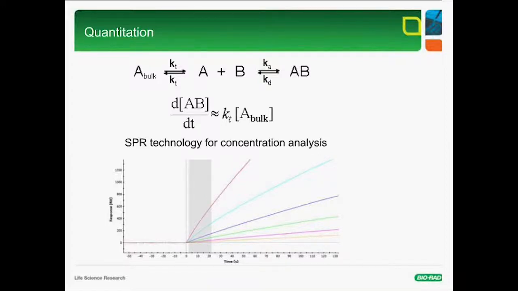And the concentration of the sample is proportional to the initial binding slope. So once you have a capture surface constructed, you can achieve quantitation usually within 1 minute or even within half a minute.